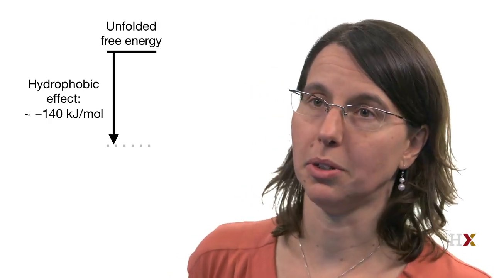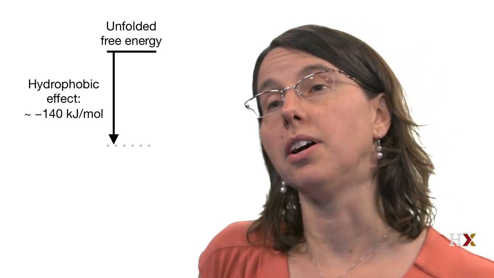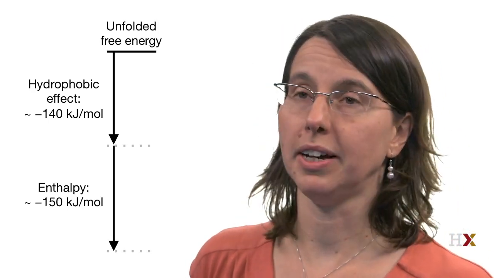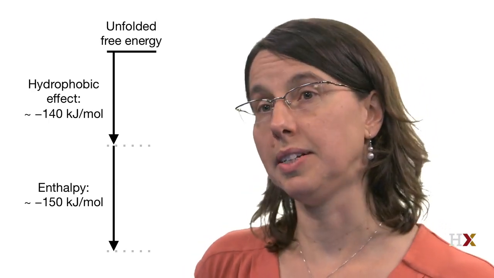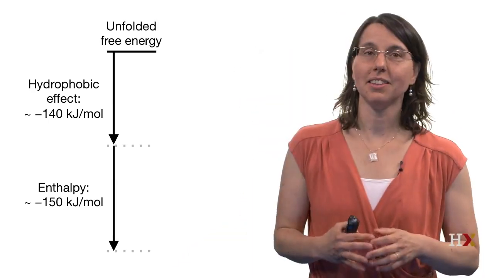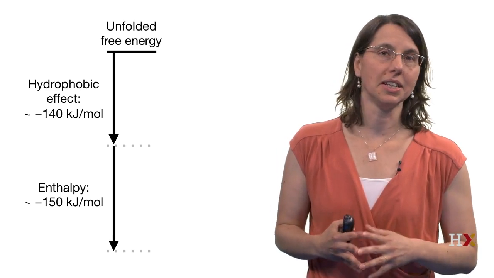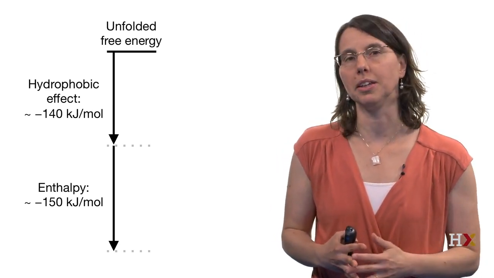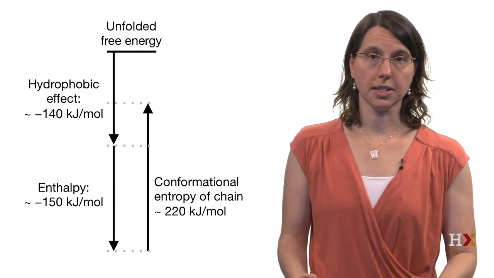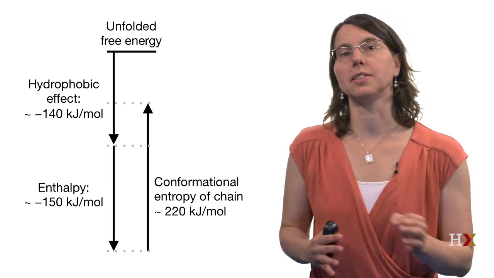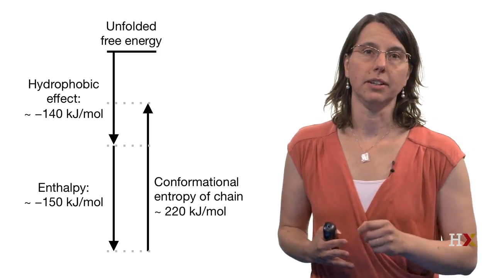The second favorable energetic component are the non-covalent interactions, which provide, again, about minus 150 kilojoules per mole of stabilization energy. Then the force that opposes these two is the huge reduction in entropy from going from many, many conformations accessible to the unfolded protein to the single conformation of the native protein.